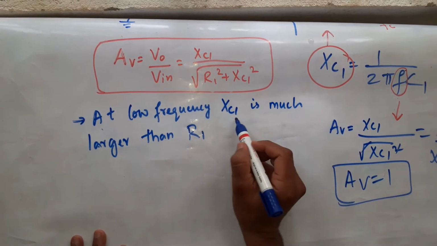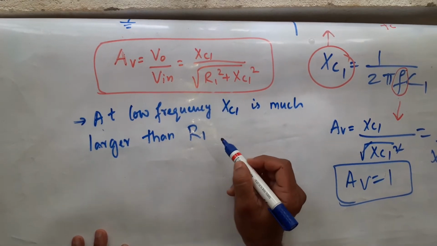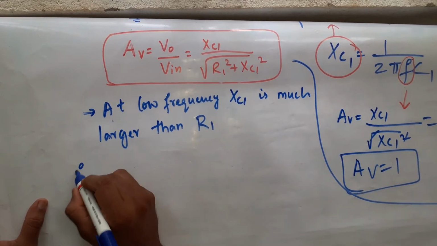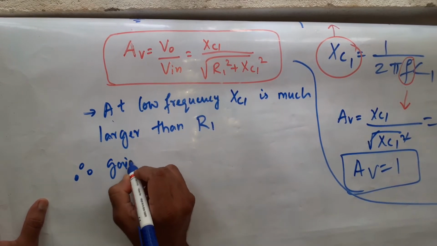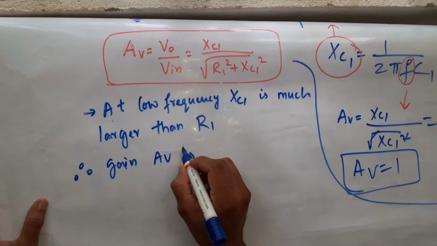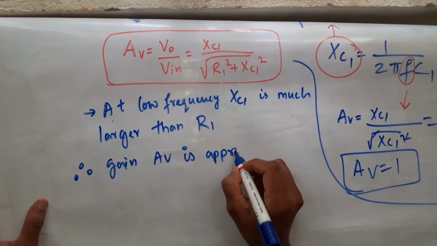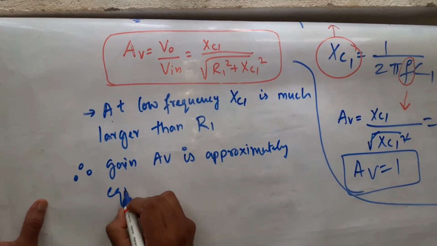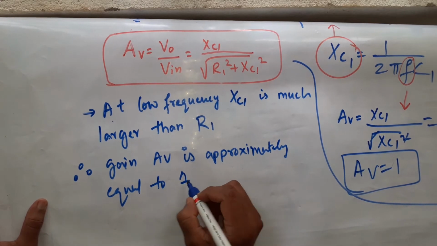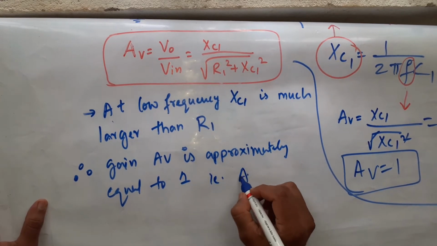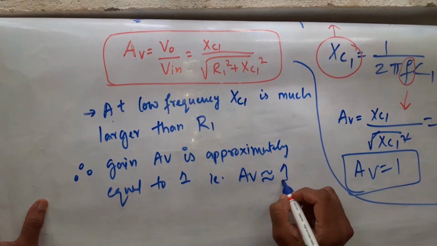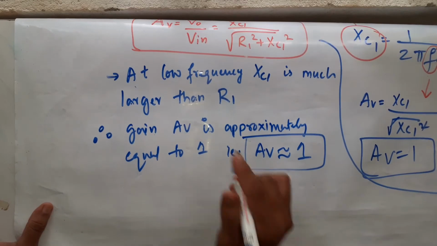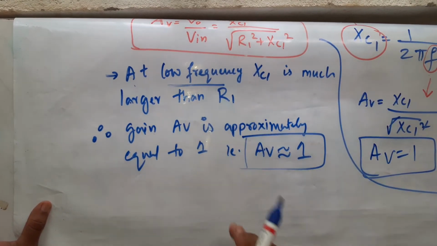At low frequency, XC1 is much larger than R1. Therefore, gain AV is approximately equal to 1. We obtained this, right? This is at low frequency, remember.